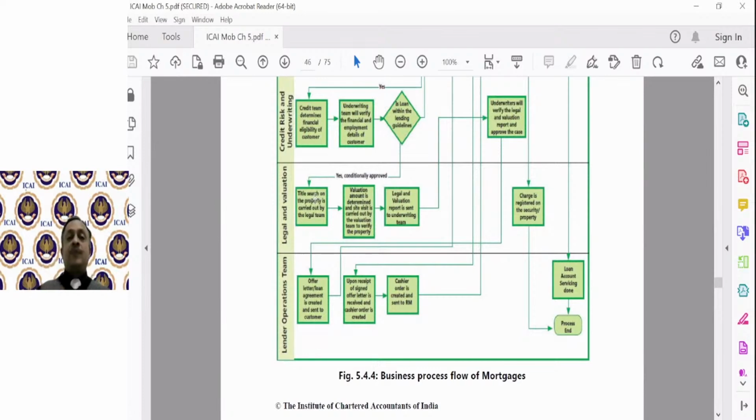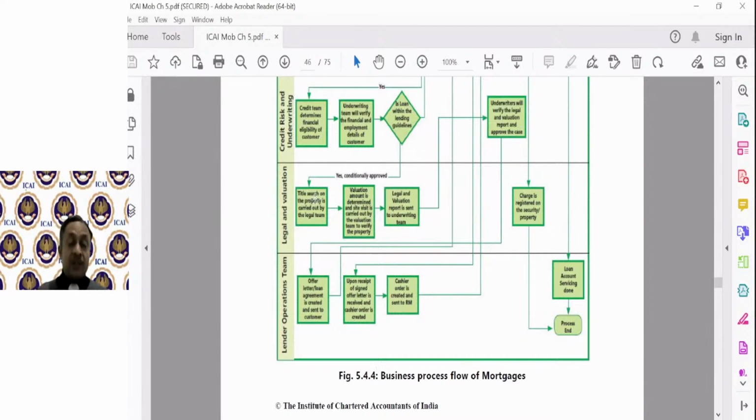Now, the key: why may a banker be interested in giving a top-up loan? Suppose the original loan was given 10 years back. Now what has happened? The land prices, the property prices over 10 years have increased. So the banker makes a reassessment of the present market condition of the property.